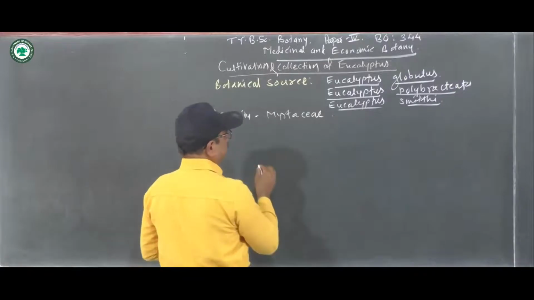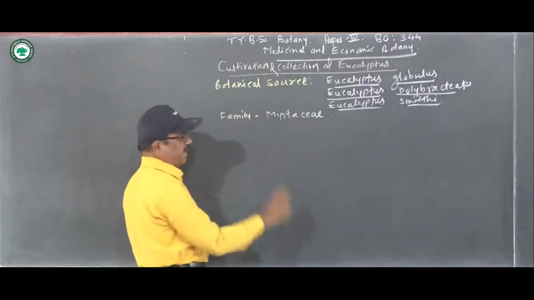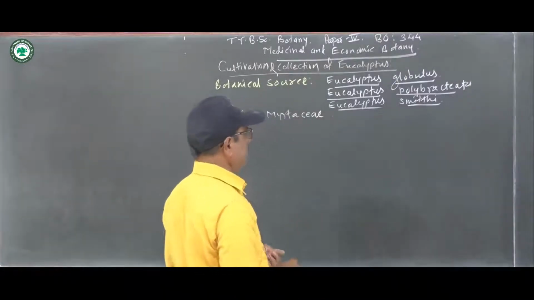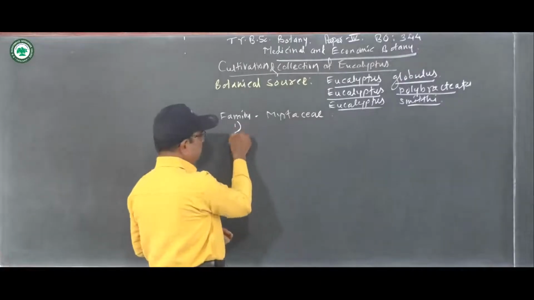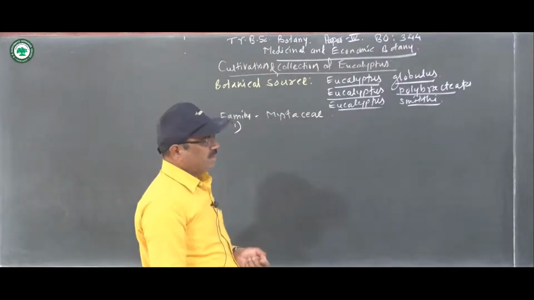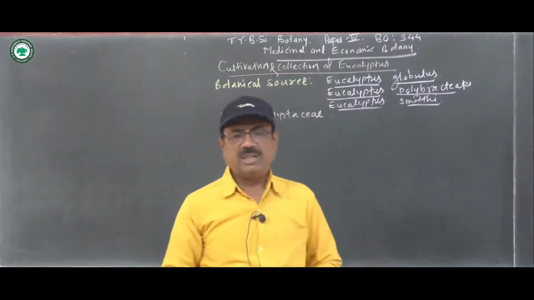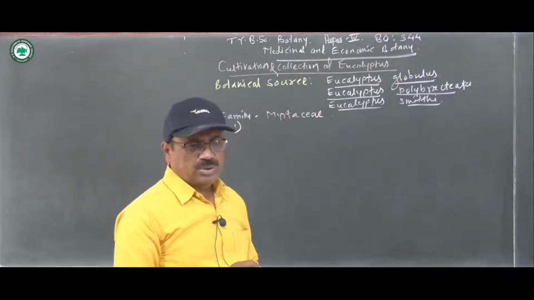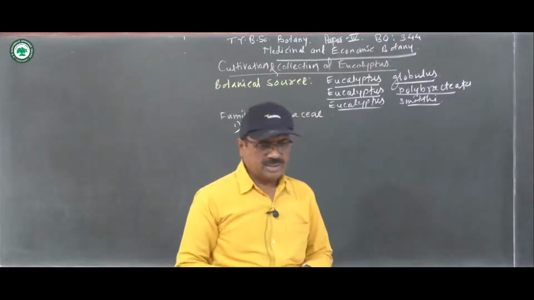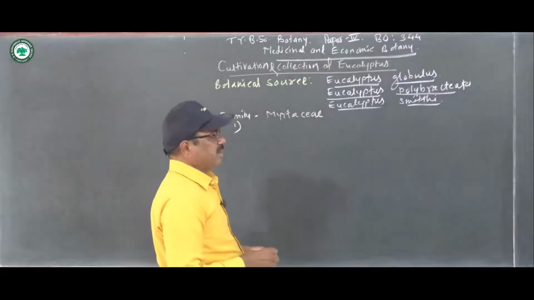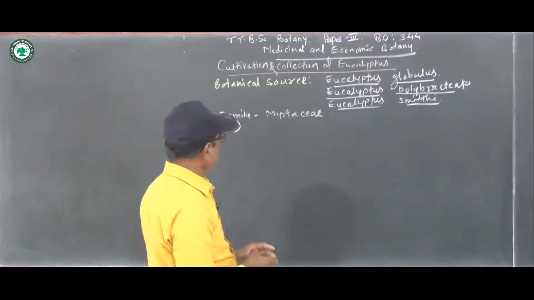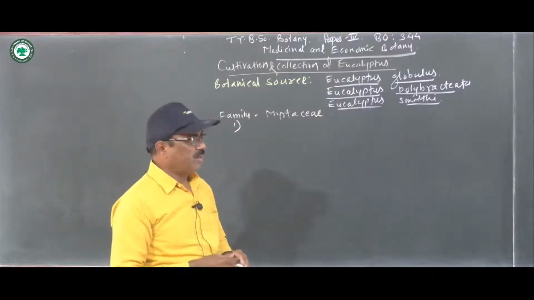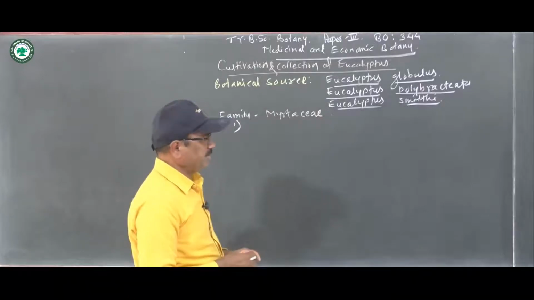So if we see the collection and cultivation of this eucalyptus, this plant is commercially cultivated on a large scale in the Nilgiris. So in the southern region, in Tamil Nadu, in Karnataka, then in Andhra Pradesh, this plant is very commonly cultivated on a large scale commercially.